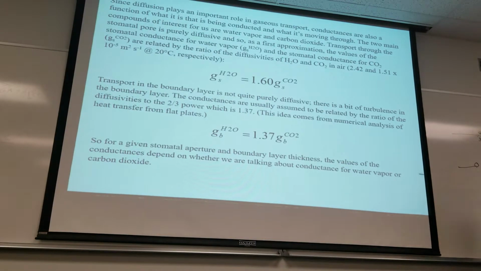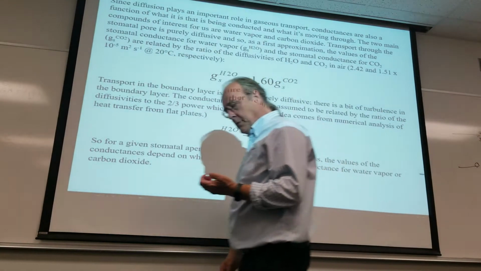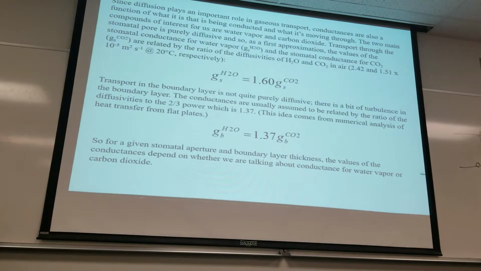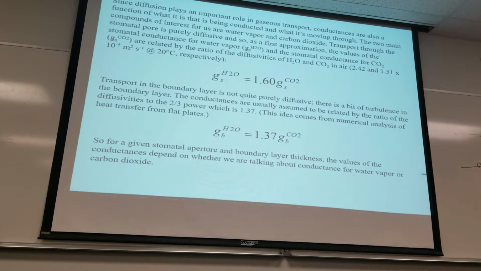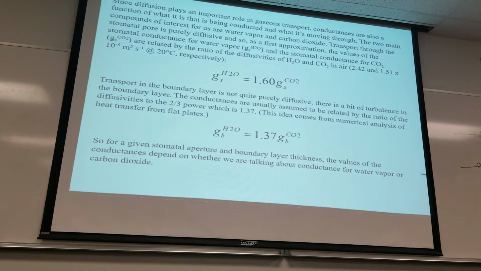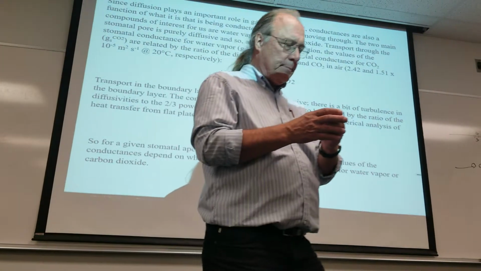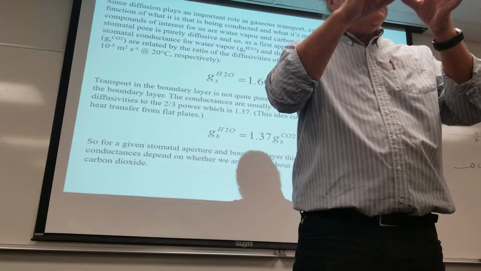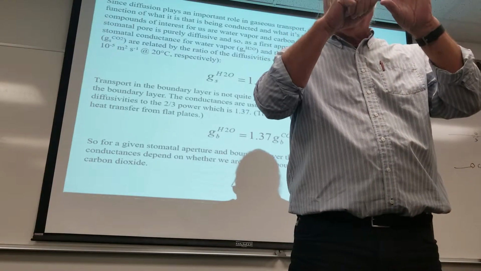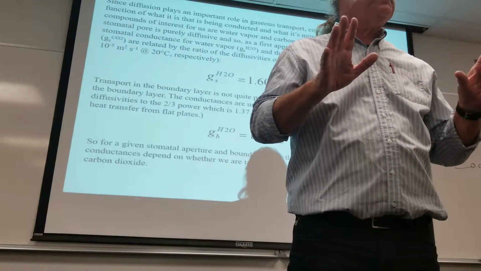So far, I've tried to talk mostly about the diffusion of water vapor away from the leaf. But on the other hand, there's CO2 moving towards the leaf. It's a diffusive process, and especially the movement through the stomatal pore is purely diffusive.